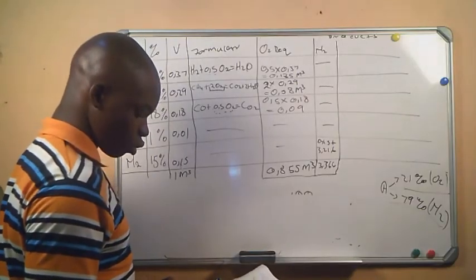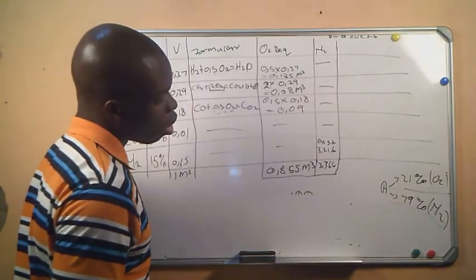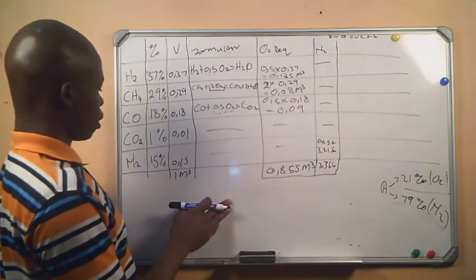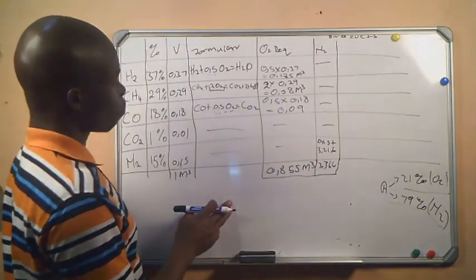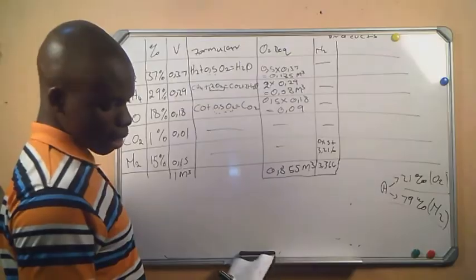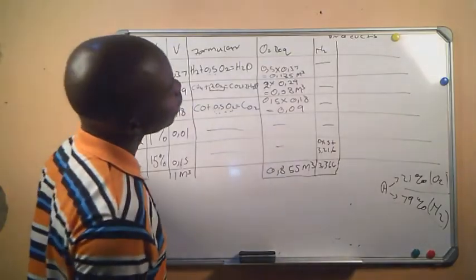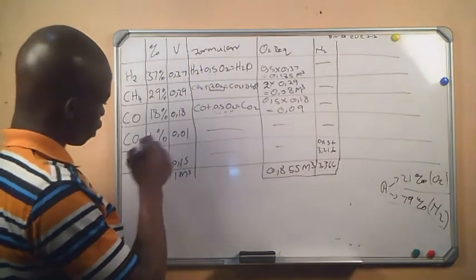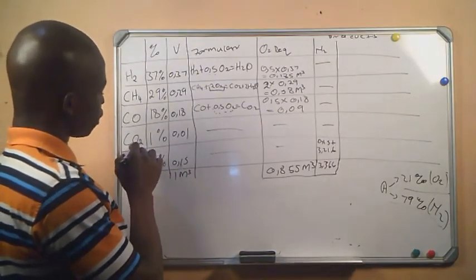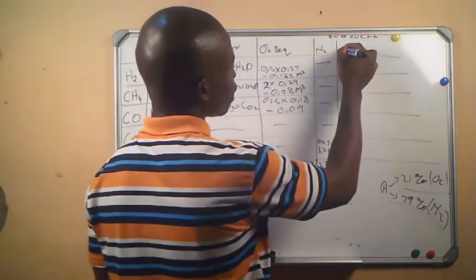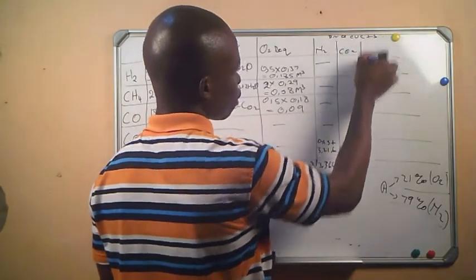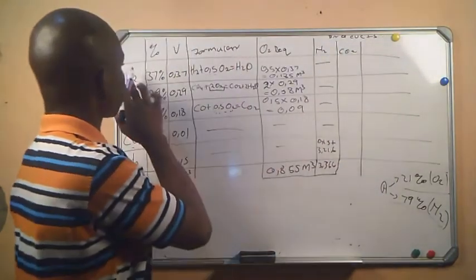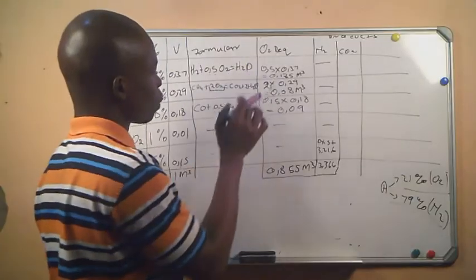We go to our second product of combustion. Let's do carbon dioxide. So from hydrogen there will be no carbon dioxide.